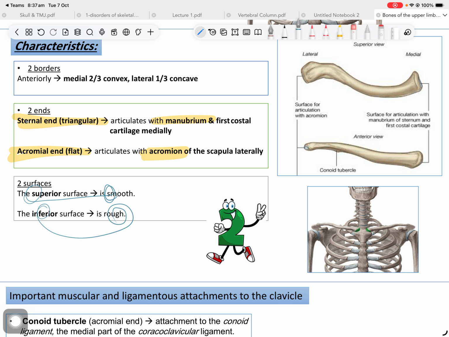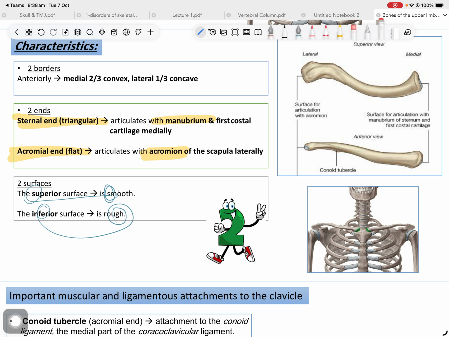Why do you think the inferior surface is rough? Yes, it is a site of attachment of different structures, okay? When different structures attach to the bone, this area becomes rough. So this is regarding the surfaces. I have the superior smooth surface and the inferior rough surface.